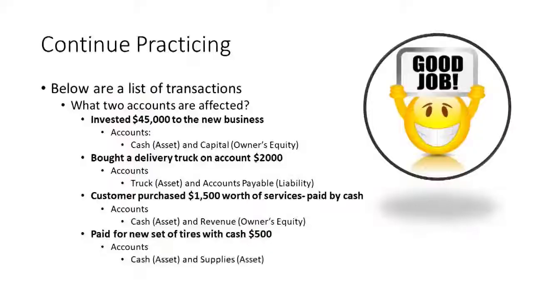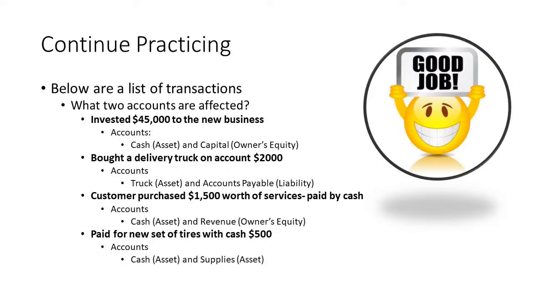So in this case, since they paid cash, we have cash and we have owner's equity, which is revenue. They both get increased by $1,500. So you see how every transaction requires two accounts.